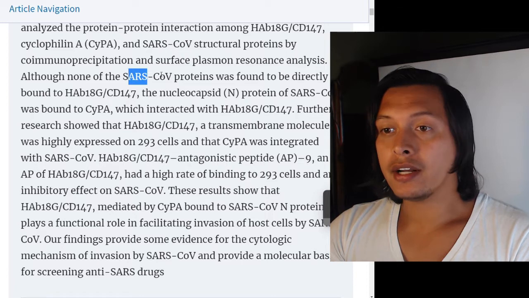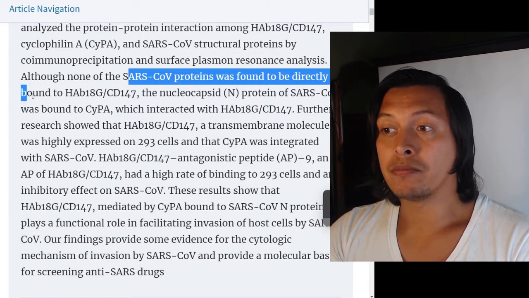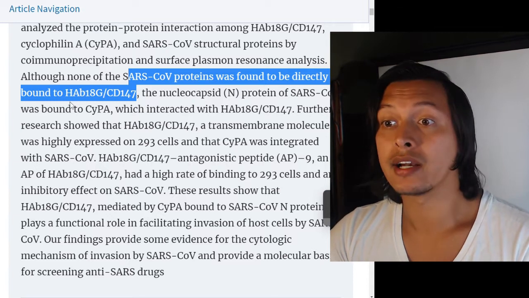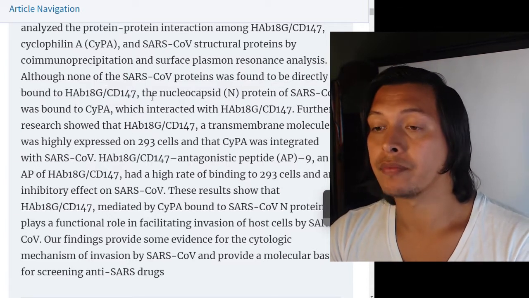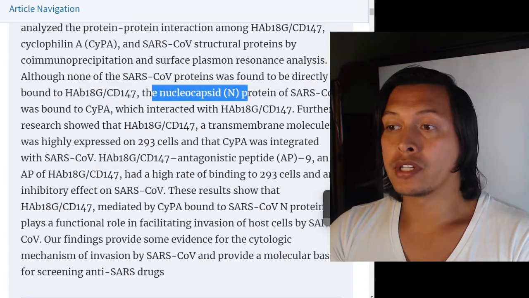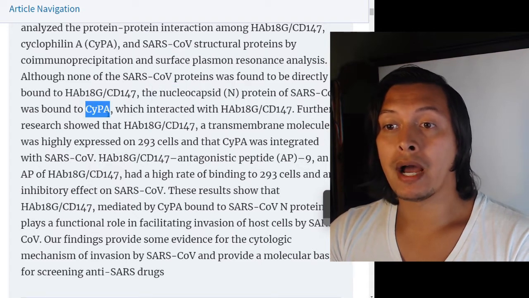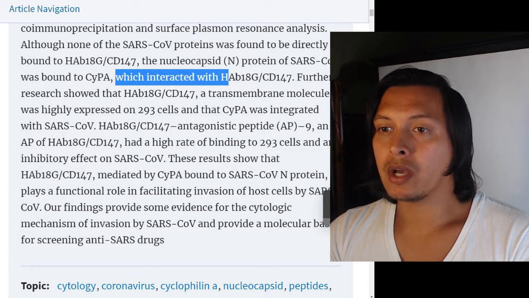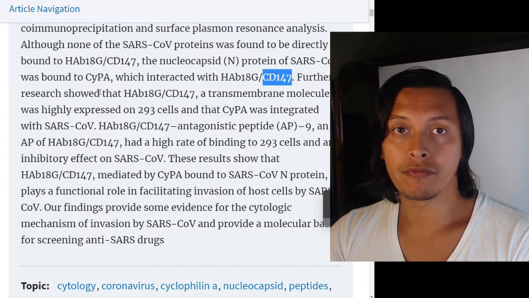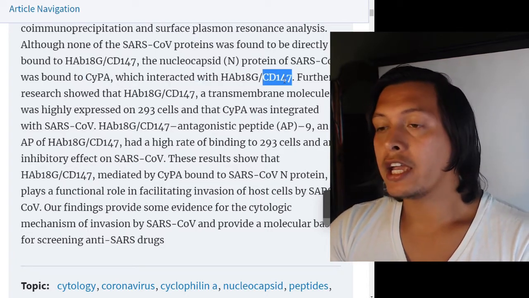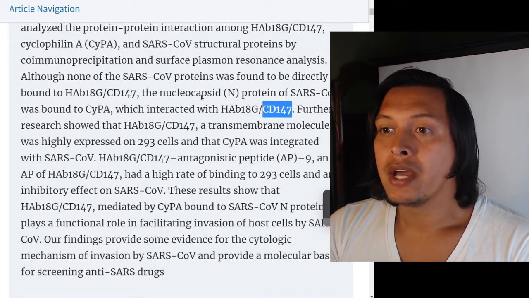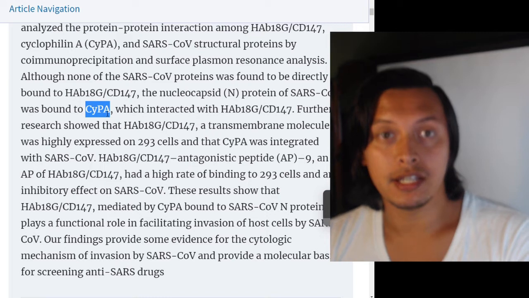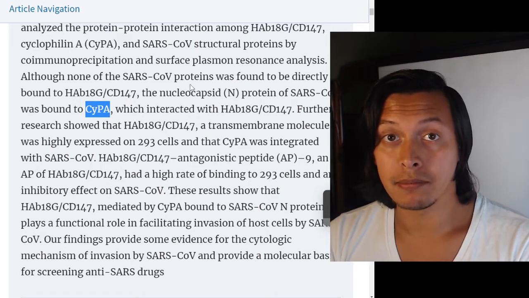So, although none of the SARS-CoV proteins were found to be directly bound to CD147, the nucleocapsid protein of SARS-CoV bound to cyclophilin A, which interacts with CD147. So cyclophilin A interacts with CD147, and then the nucleocapsid protein binds to cyclophilin A, or CYPA.